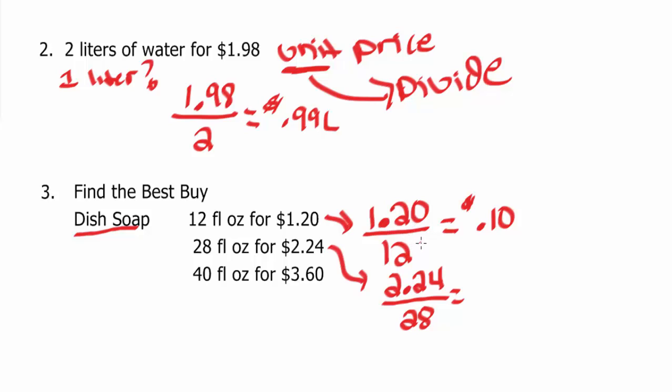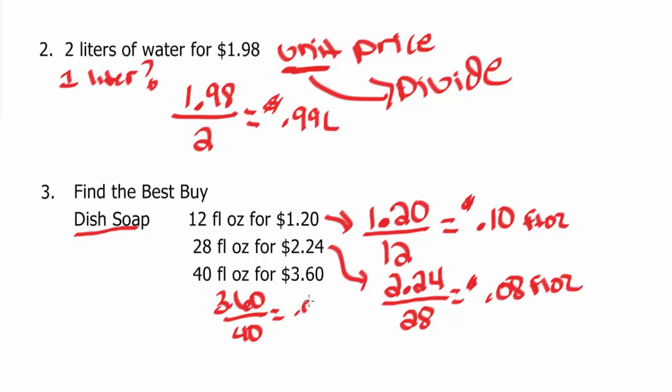This one is 8 cents per ounce, or per fluid ounce. And this last one, $3.60 divided by 40, which is going to give you 9 cents an ounce, a fluid ounce.